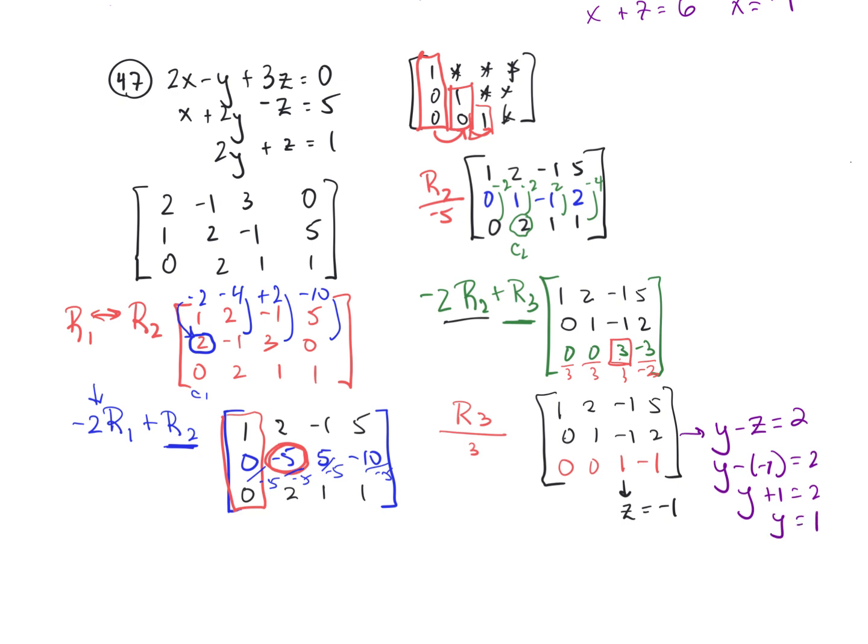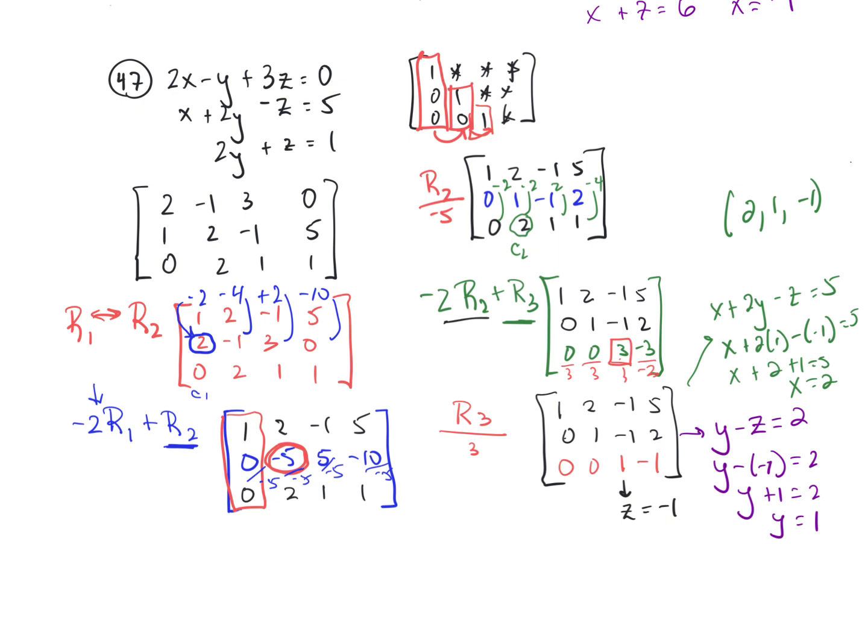And then row 1, x plus 2y minus z equals 5. So x plus 2 times 1 minus -1 equals 5. So x plus 2 plus 1 is 5, so x equals 2. 2, 1, -1.